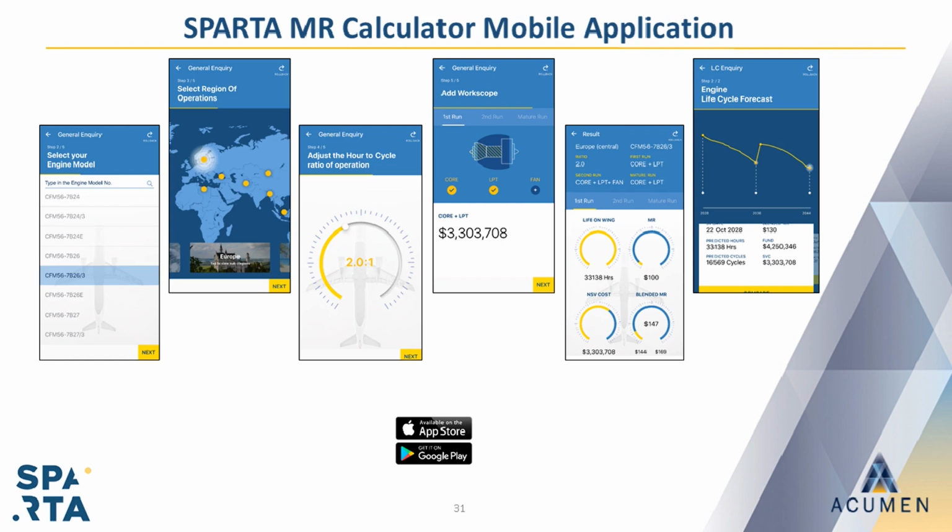We're then able to determine the work scope at each shop visit and generate the next page, which shows the estimated shop visit cost, the estimated blended maintenance reserve rate, and the estimated time on wing. The final screenshot shows the engine's life cycle forecast and reserves.